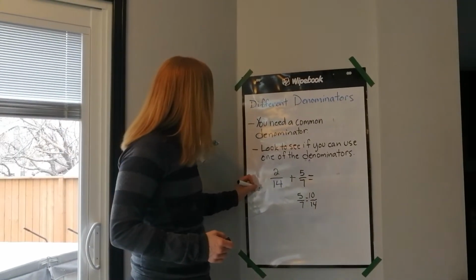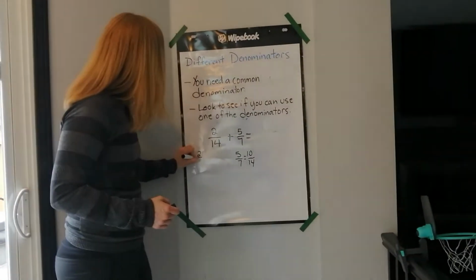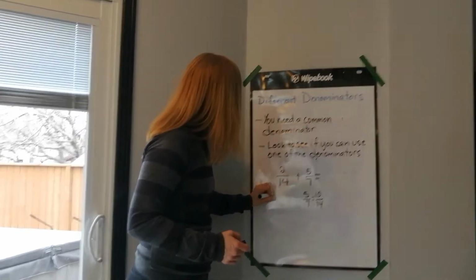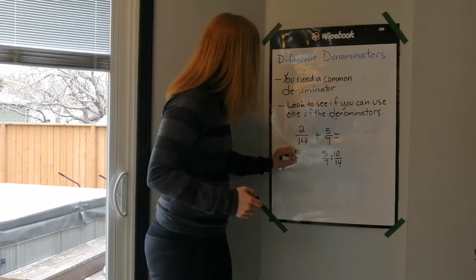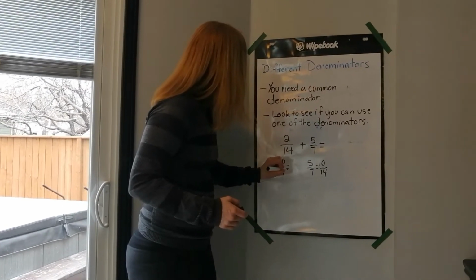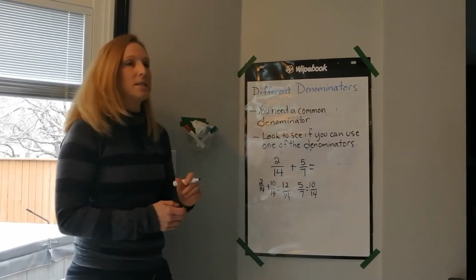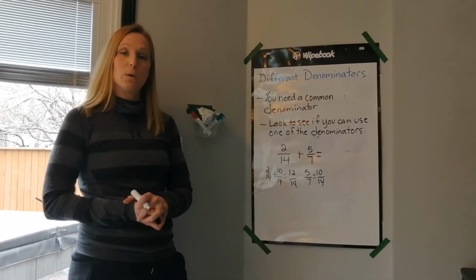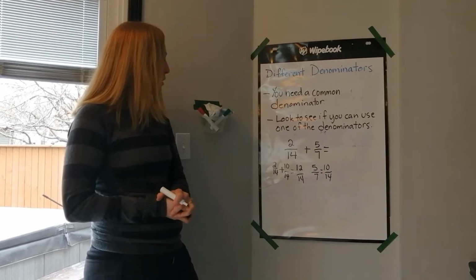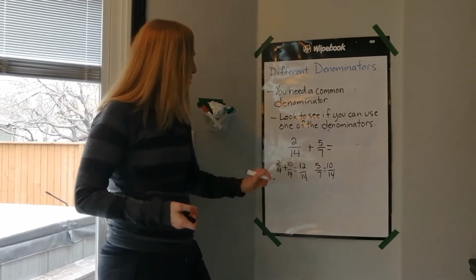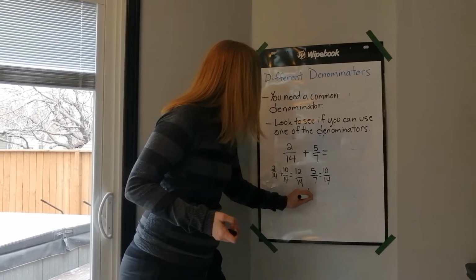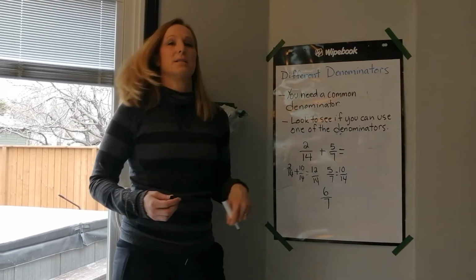So that leaves me now with 2/14 plus 10/14 equals 12/14. And I'm going to try and put 12/14 in lowest terms. And so my final answer is going to be 6/7.